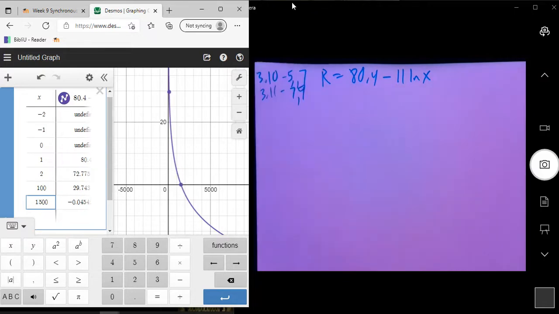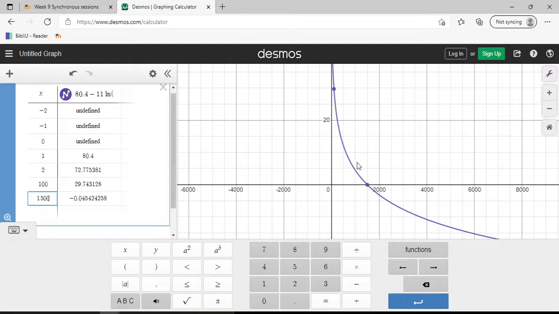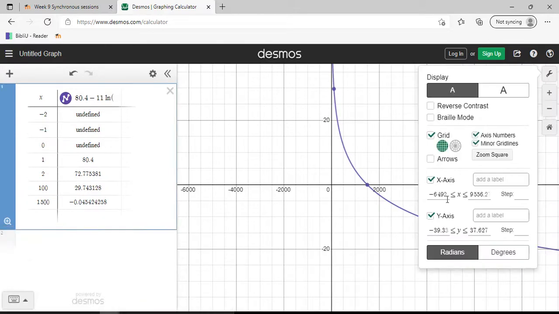Now if you notice here, let me expand this out. You notice here on this graph, we have these points. Now, I did this earlier because this was a question of one of your classmates. What you were supposed to do that would make this graph visible was first hit this wrench and then go to the x value.